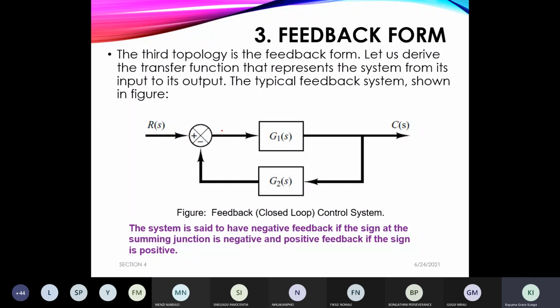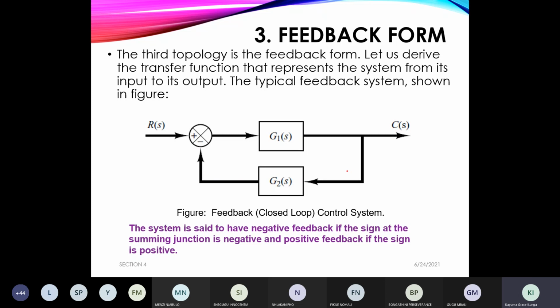If you can see, the drawing looks a little bit similar to the first one, but the difference is that here the signs of the arrows are different, and the summing point is also before the signal, so it's bringing back the signal to the input.